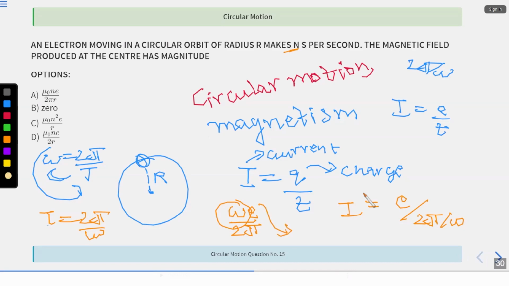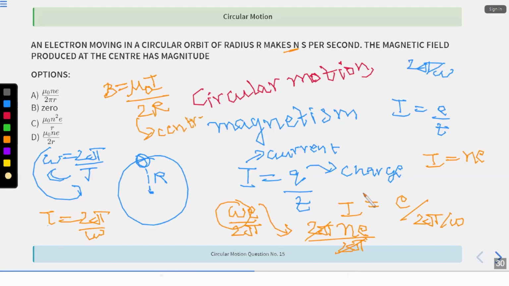So that will make it 2 pi n e by 2 pi. So you'll get it cancelled and you'll get I is equal to ne. And we know that magnetic field B is equal to mu naught I by 2r for the center. This is the formula for the center. So we have I substituted as ne, so you get mu naught ne by 2r. And that is option D.